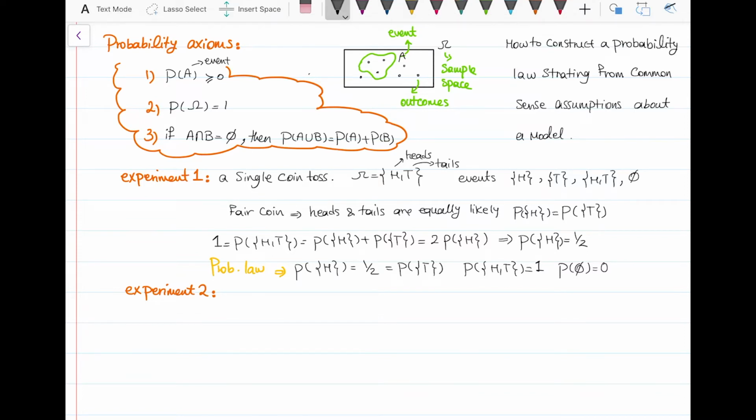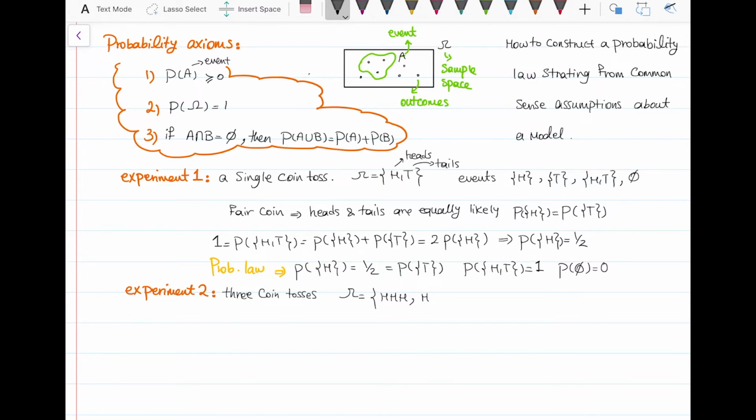How about the second experiment? On the second experiment, we have 3 coin tosses. If we have 3 coin tosses, what is the sample space? For example, on the first toss we get head, on the second head, on the third head.